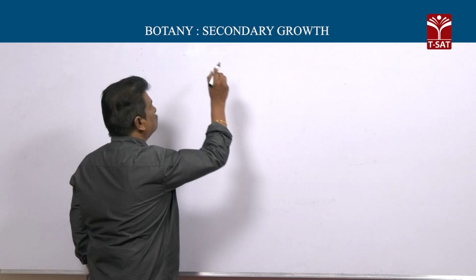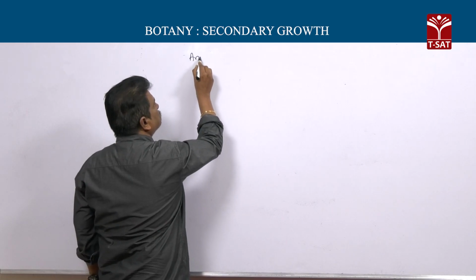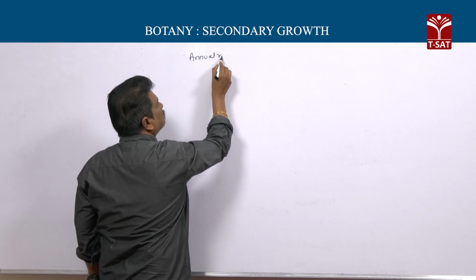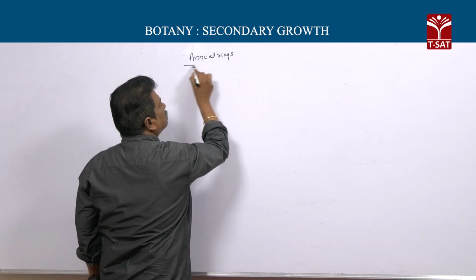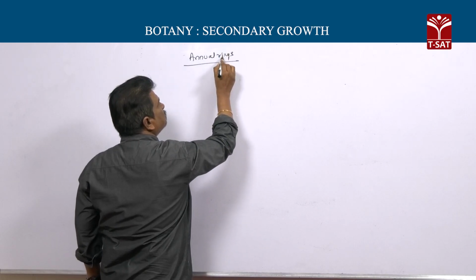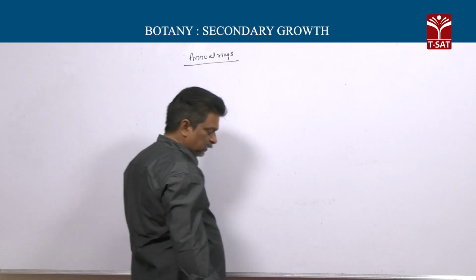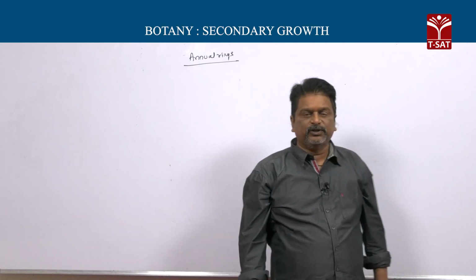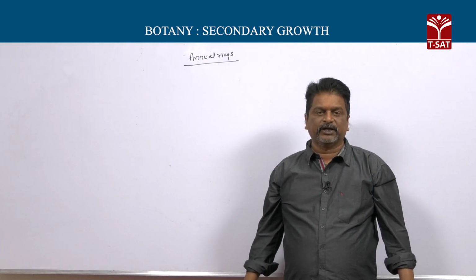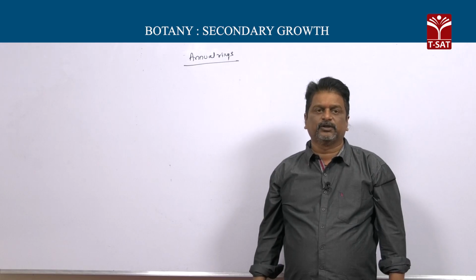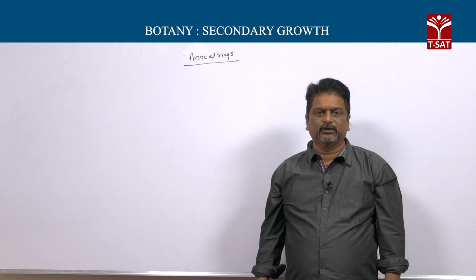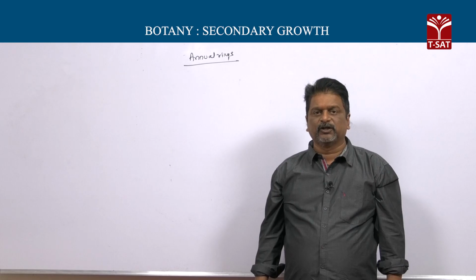Next one, annual rings. Here, chemical activity depends on the season. It means chemical activity shows seasonal variations.